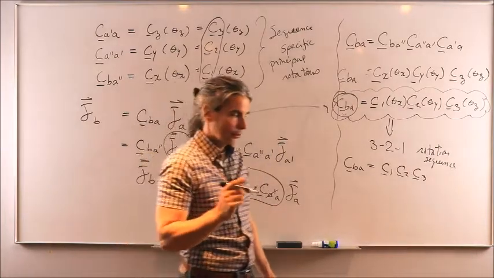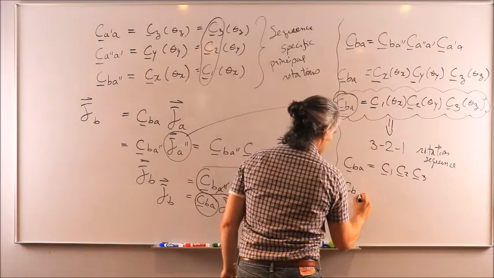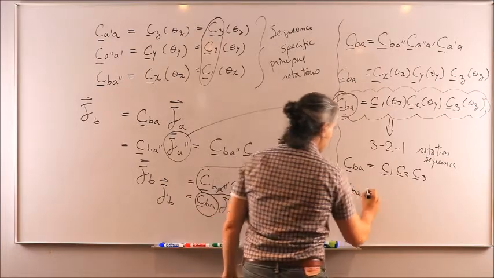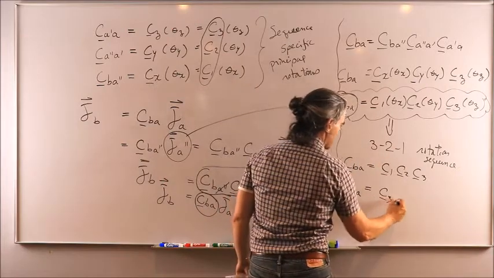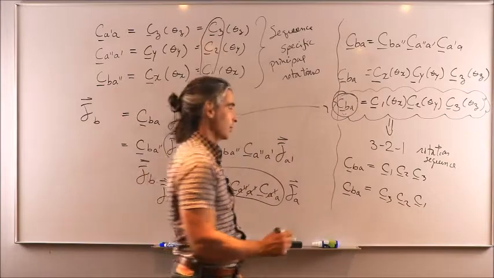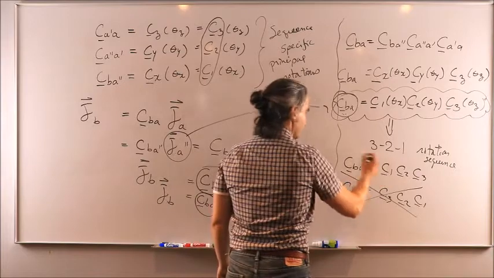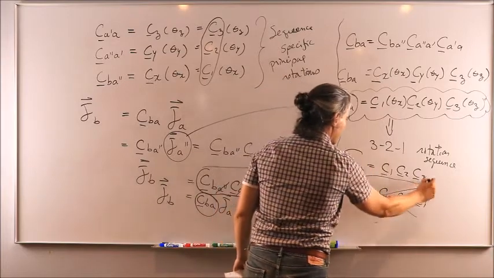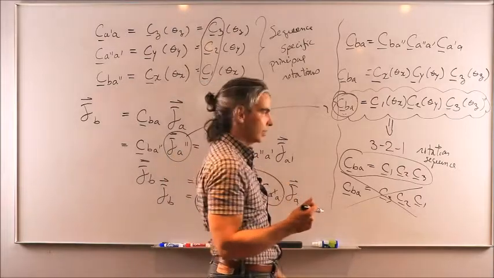And this is something to pay close attention to, because I know some of you in the midterm or in problem sets will try to go fast and will say, okay, 3-2-1 sequence, 3, 2, 1. That's it. But this is totally wrong, because that will give you a totally different answer than the proper answer obtained by the proper sequence in terms of multiplying the rotation matrices together.